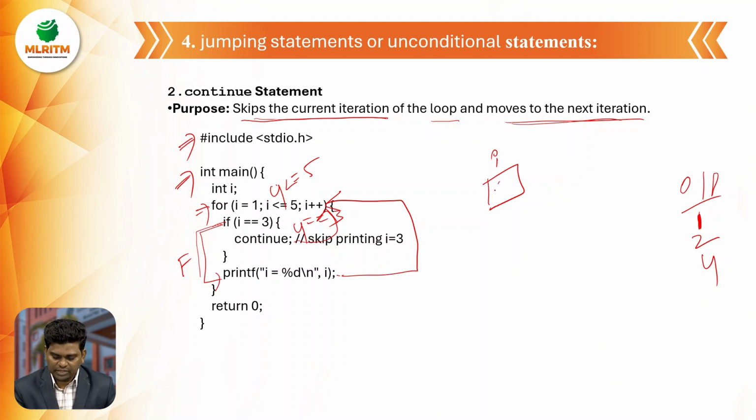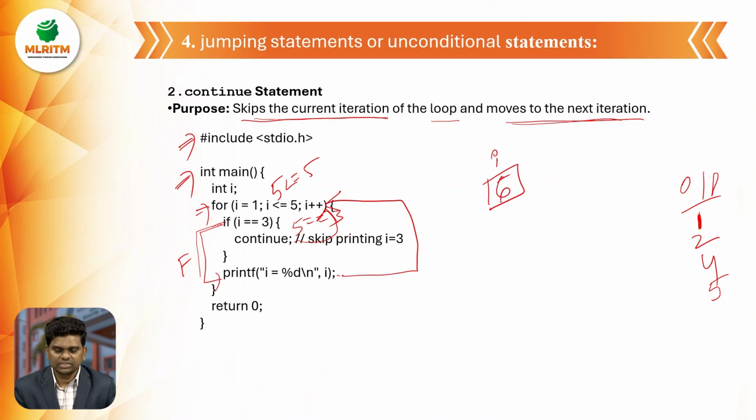Then again I plus plus. I value becomes 5. Then check the condition. 5 less than or equal to 5. Condition is true. Enters into the body. Now again check. 5 is equal to 3. No, this is false. So it goes to the next of the if block, that is printf. We are displaying I value. Then after printf, again modification I plus plus.